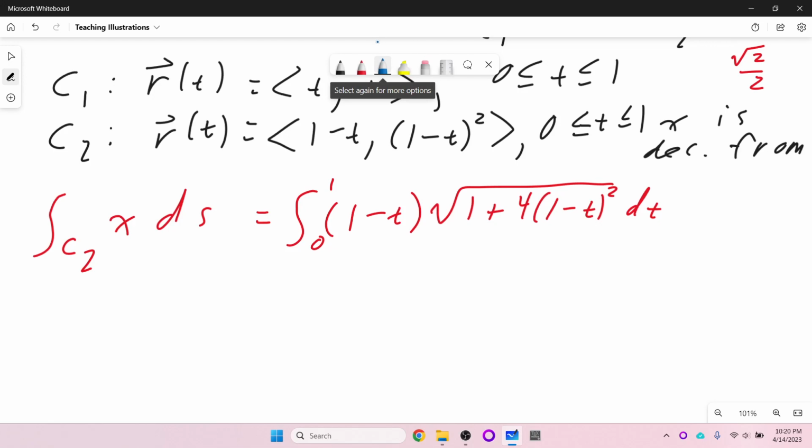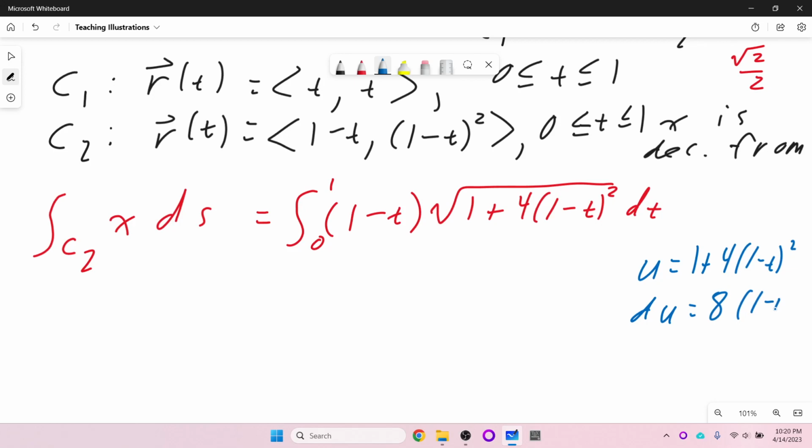It would be a u sub, I suppose. U is always the entire thing under the square root, so u is 1 plus 4 times (1 minus t) squared. Then du, the derivative of this, would be 8 times (1 minus t) dt. So, okay, we've got a 1 minus t dt, so I'll just put an 8 here and a 1/8 here for balance, or use that other method that people like to teach.